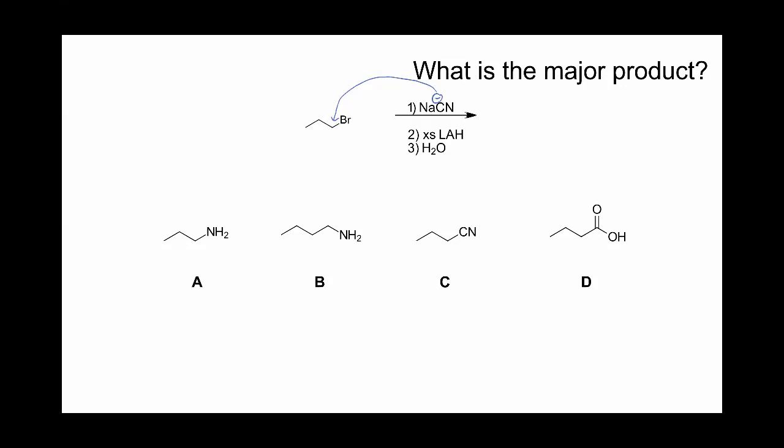And with that CN, we're adding a carbon. So A, which all of you selected, is not adding a carbon. This is not the correct answer here. C would be what you get after the first step, and the lithium aluminum hydride will get us this one. So remember that you're adding that extra carbon there. So that would be the answer there. Questions there?